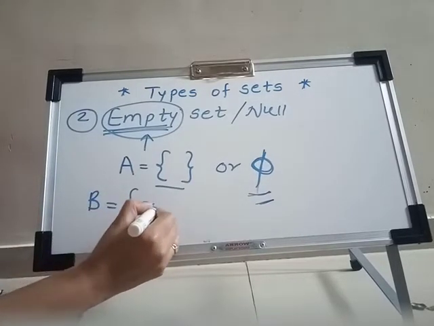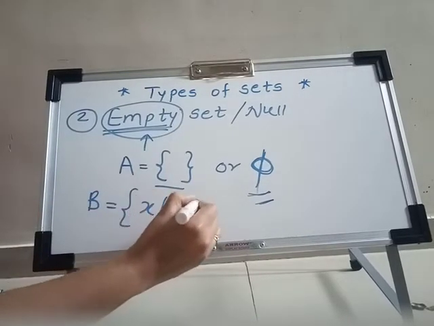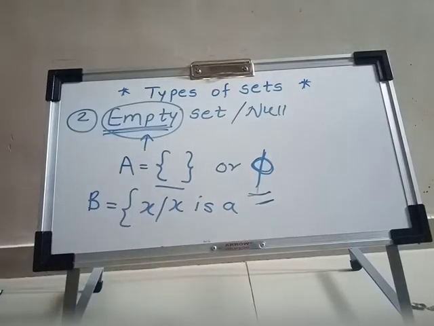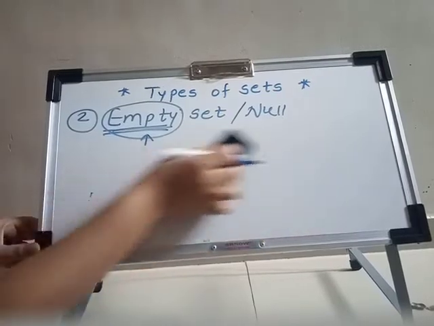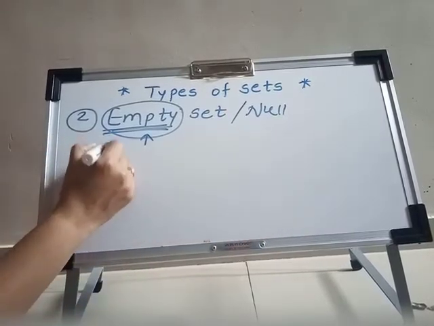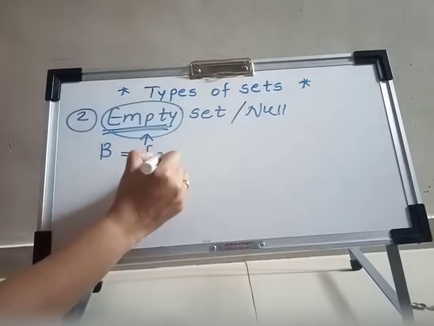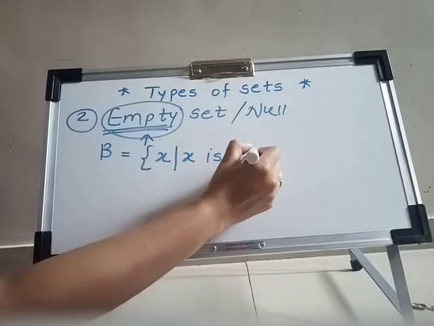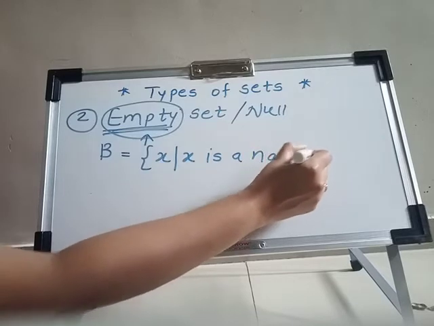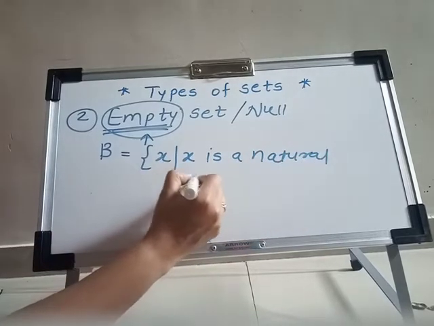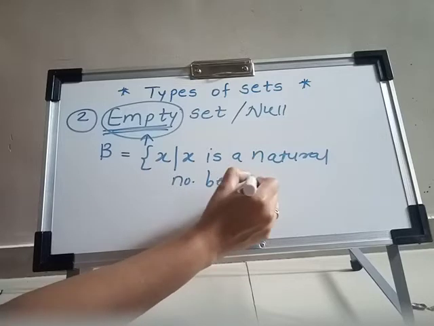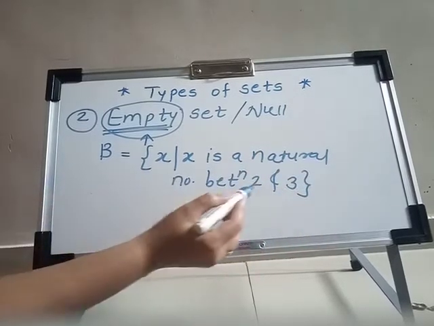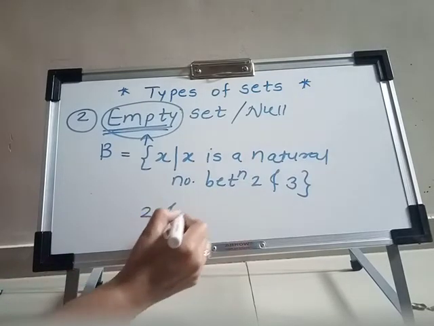B is equal to x, where x is a natural number between 2 and 3. This is an example of a null set. Is there any number between 2 and 3 in the natural numbers?